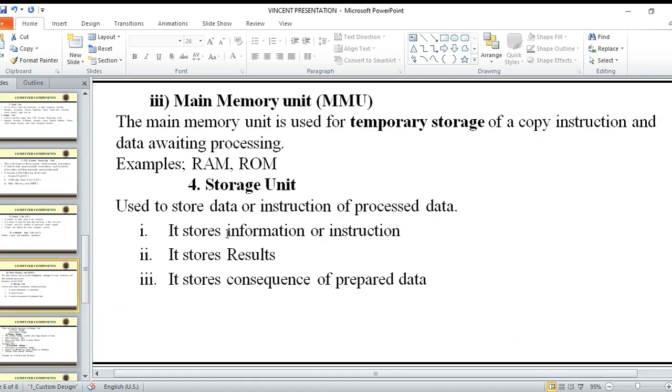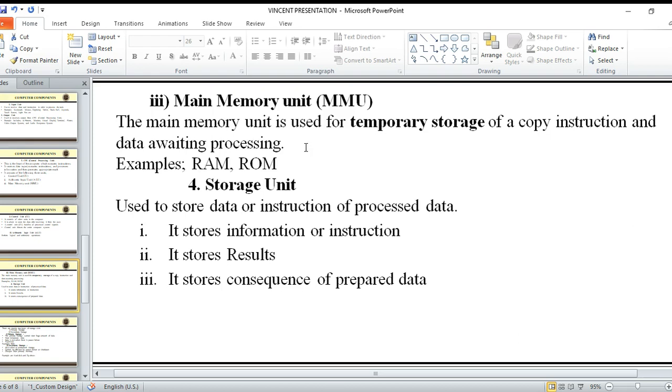So let's proceed and see the main memory unit. Main memory unit is meant to store data temporarily and instructions. So data being processed or awaiting to be processed and the instructions used to process such information is stored in the main memory.